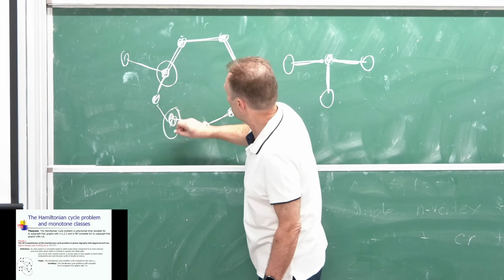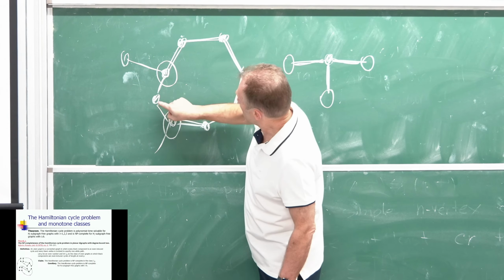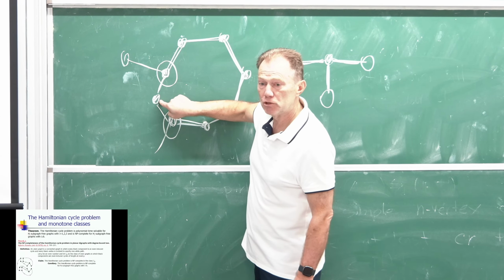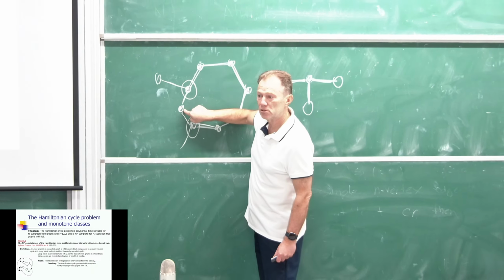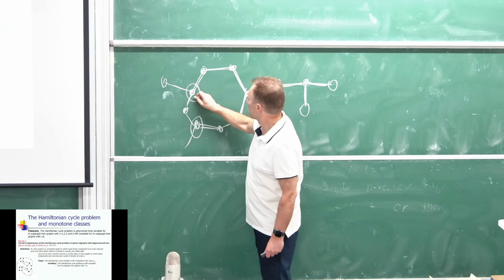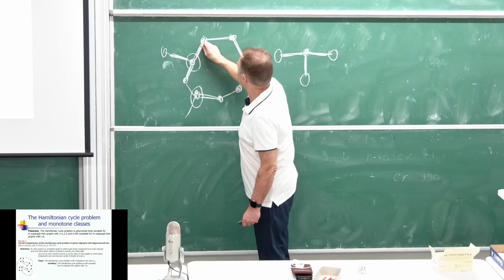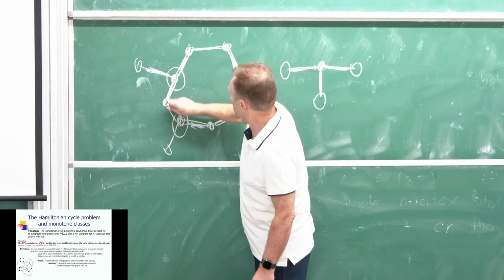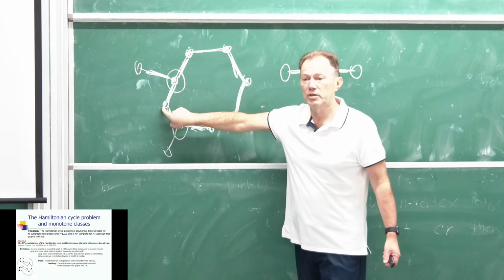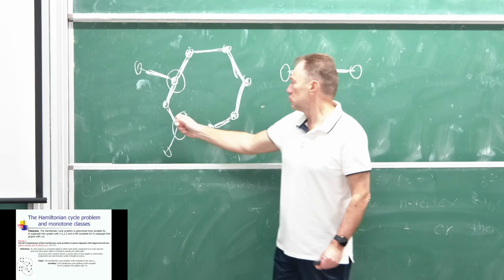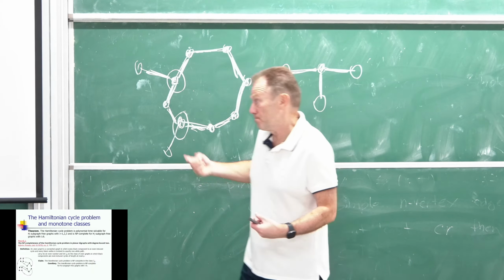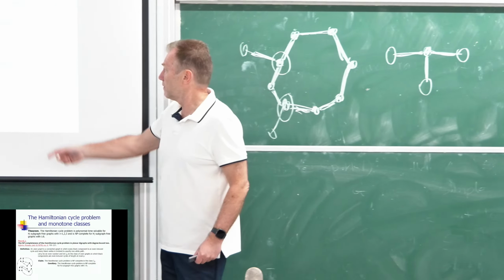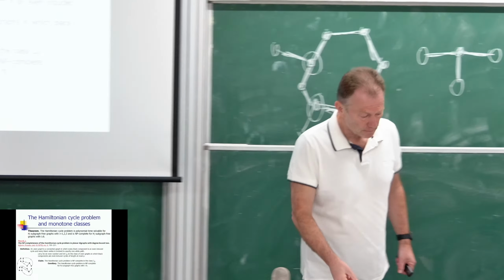The other should go here. But then this vertex will share two vertices of H6, which is not possible. So this is our H6, and in this vertex we map two vertices of H6 to the same vertex, which is not possible. So we obtain almost immediately that the problem is NP-complete.